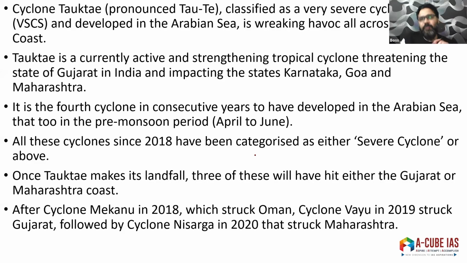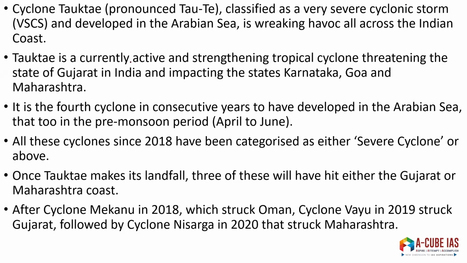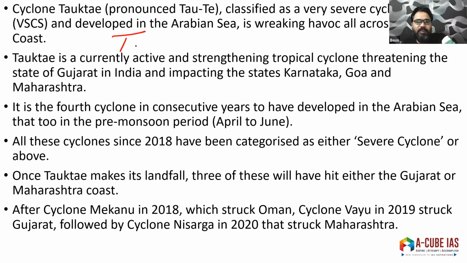Now, if we speak about cyclone Tauktae, there is a K in the spelling, but you don't have to be confused by that. The pronunciation is very simple: Tauktae. Tauktae is a word in the Burmese language.